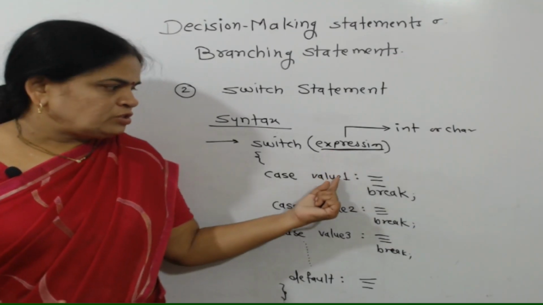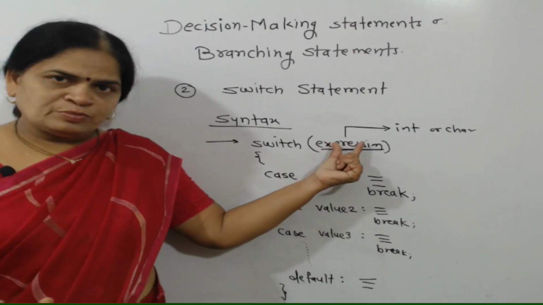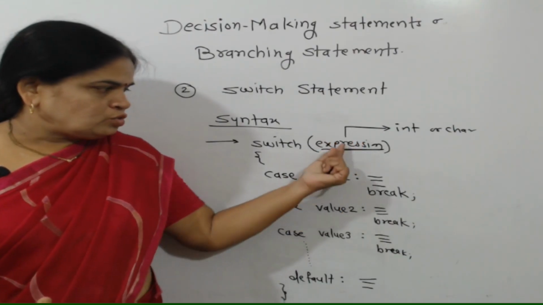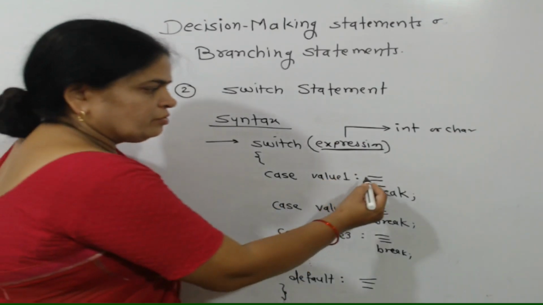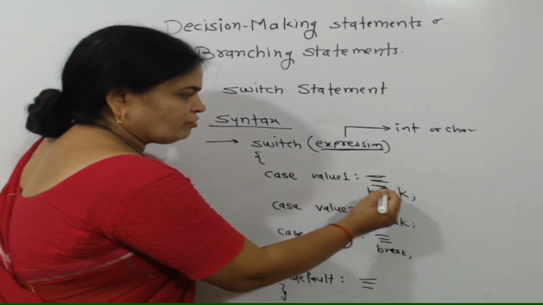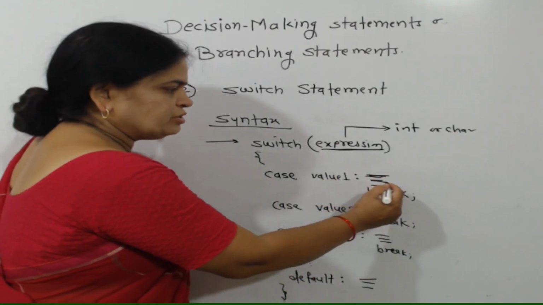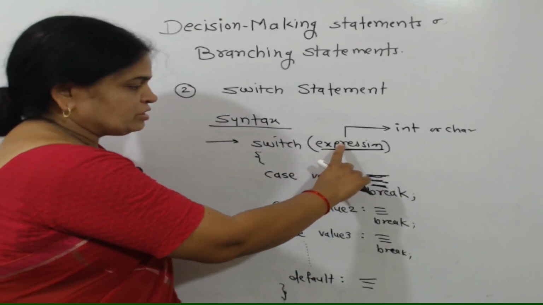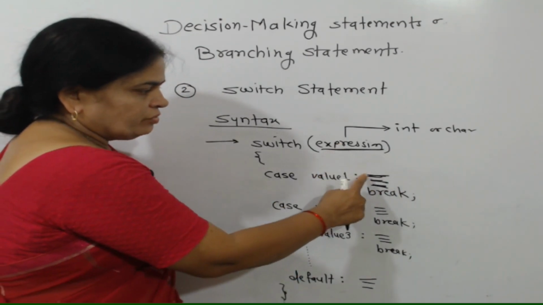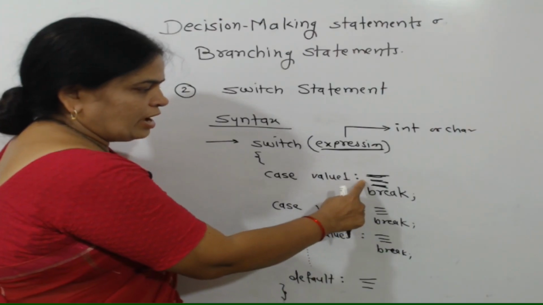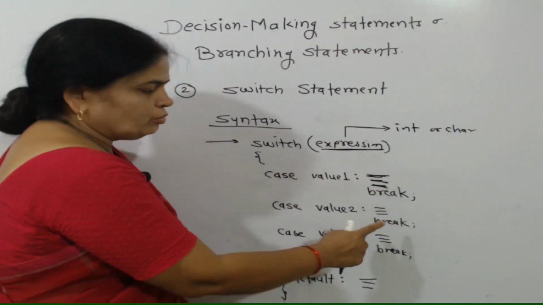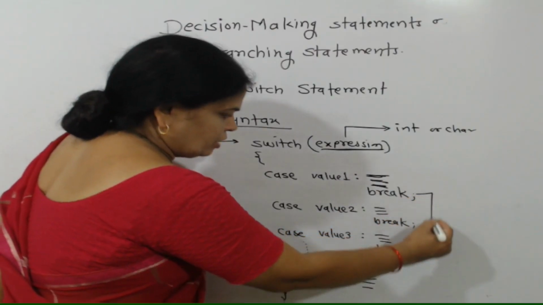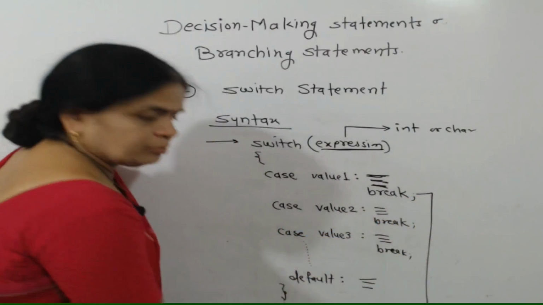If the expression value and value 1 match, so if these two are equal, then the number of statements after value 1 will be executed, and with this break statement control will be transferred out of the switch statement.